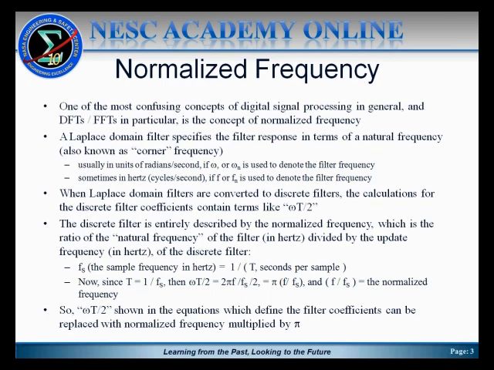That simplifies to pi times F over F sub S. So basically, the quantity omega T over 2 that we see when we convert filters from the continuous domain to the discrete or Z domain can be entirely defined by the normalized frequency multiplied by pi.